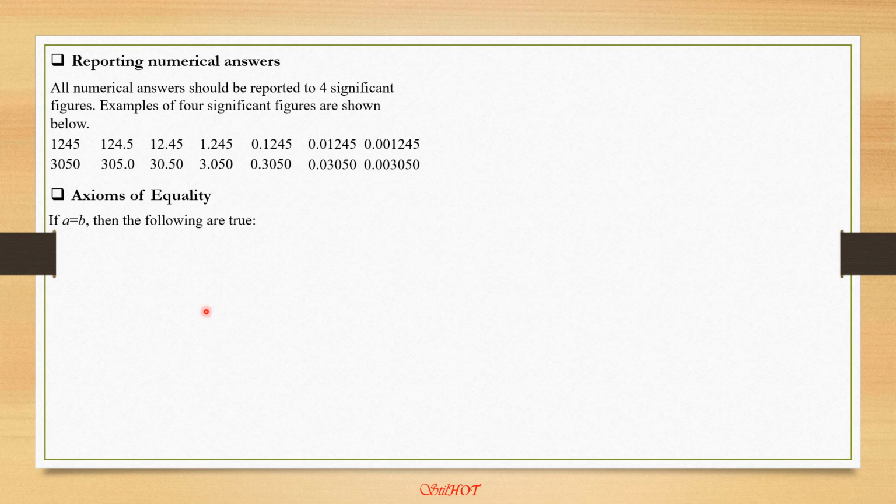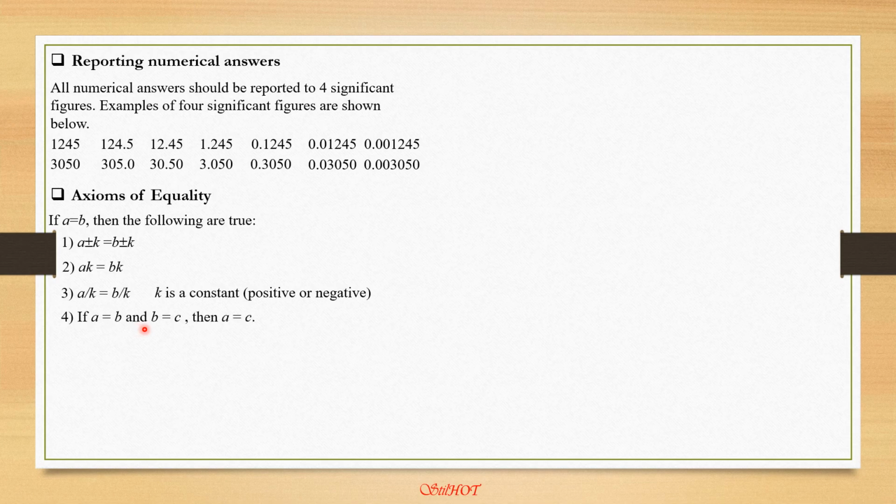A plus minus K is equal to B plus minus K. Then we have A times K is equal to B times K. And third, A divided by K is equal to B divided by K, where K is a constant, positive or negative constant. Then fourth, if A is equal to B and B is equal to C, then we conclude that A is equal to C. So of course, that's true.